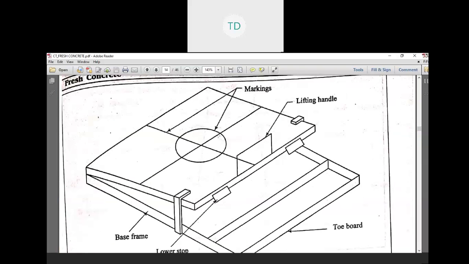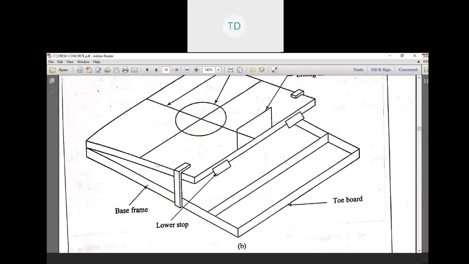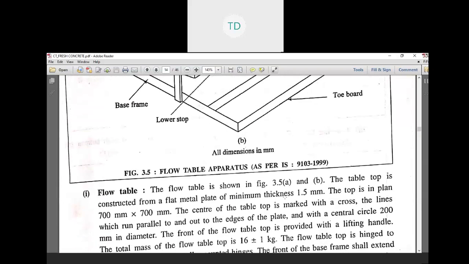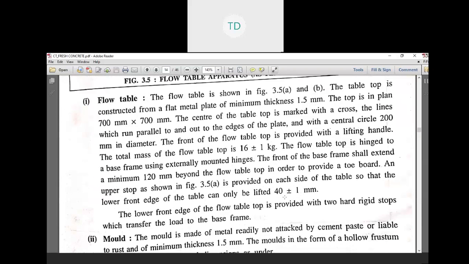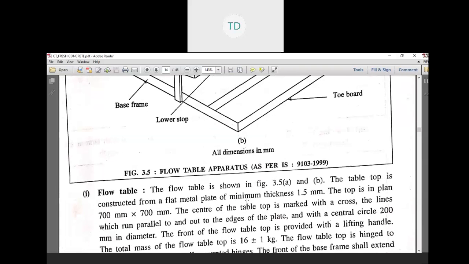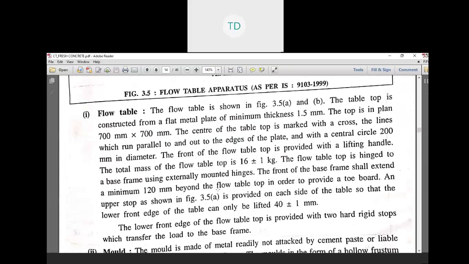In this, there is a mark line, lifting handle, base frame, lower stop, toe board, etc. Now, let us discuss the flow table. The flow table is a particular dimensional table on which we place the concrete.